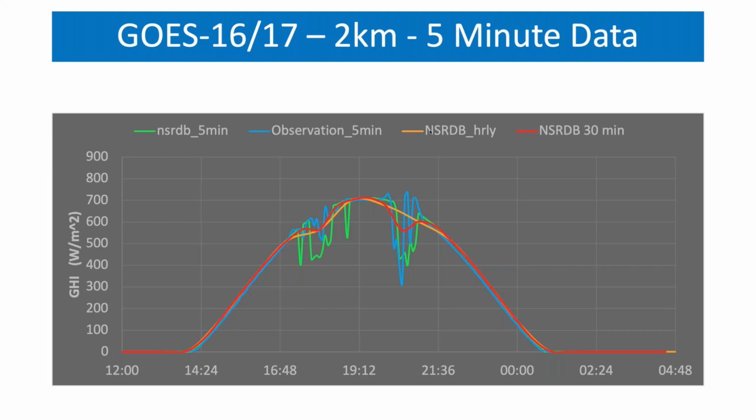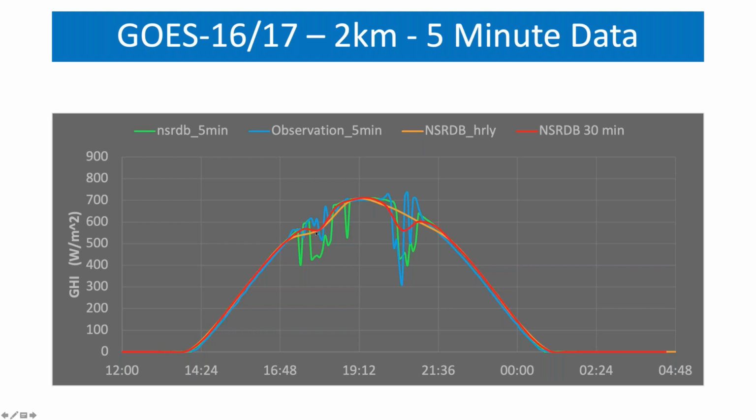As you can see here, there's some advantage of higher resolution data, and I'll take a minute to explain this graph. Here's an example. The observations, which are ground measurements, are in blue here. It's a 5-minute average of the observations, and the NSRDB at 5 minutes is in green. On the other hand, the red line is the 30-minute average for the NSRDB, and the orange, ochre color, is hourly.